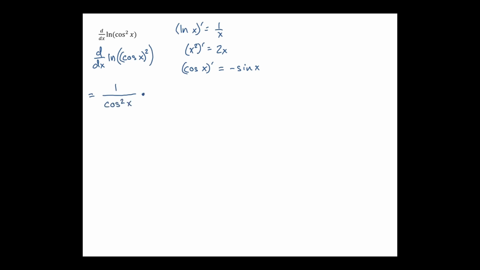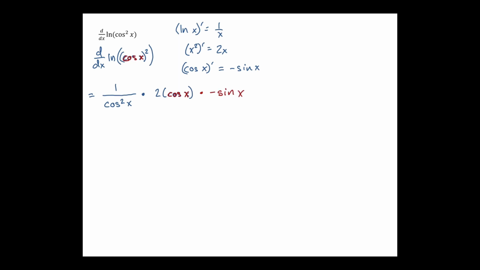Okay, now I need to multiply this by the derivative of the inner function. The derivative of the inner function is 2 times cosine, and of course the cosine is the innermost function, so this one just comes along one more time. And then lastly, we multiply by the derivative of cosine, which is minus sine of x.